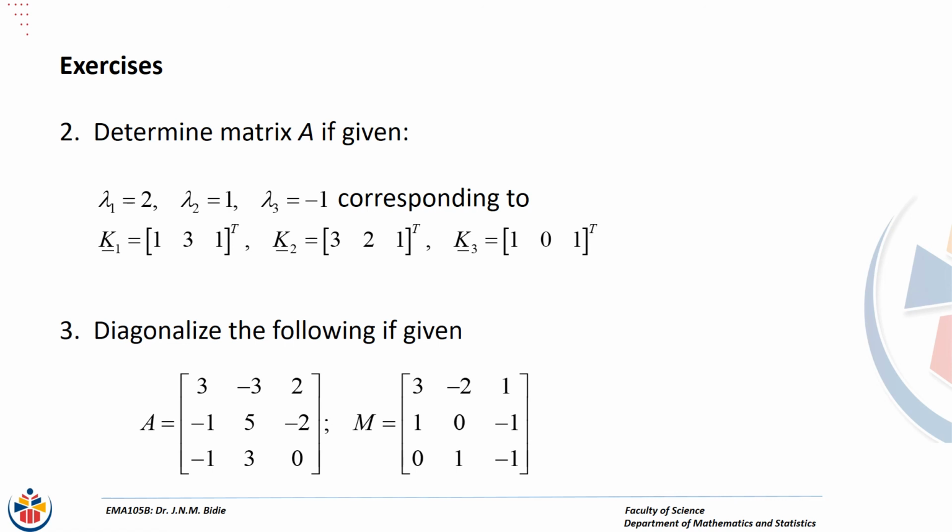Also remember, you may as well use your calculator to do those matrix multiplications by using mode and then choosing matrices, and then you load the matrices that you have.